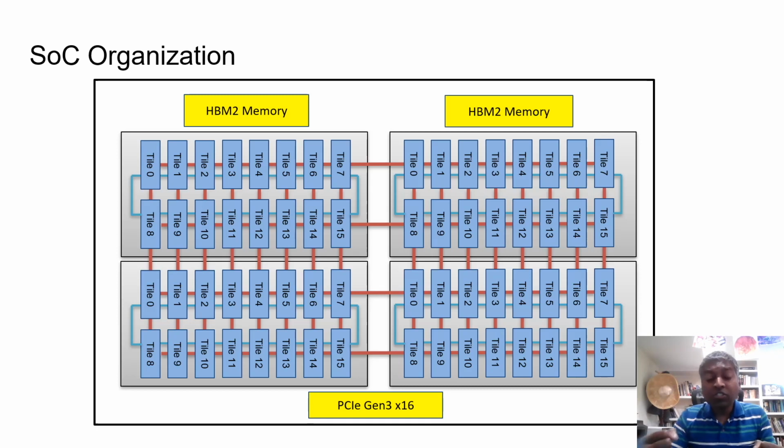The organization is very modular. It's multiple tiles connected together, and that's pretty much it. In addition, for the implementation, we have things like JTAG, SPI, SMBus, I2C, and so on. But those are all relatively straightforward and don't include a lot of additional glue logic.